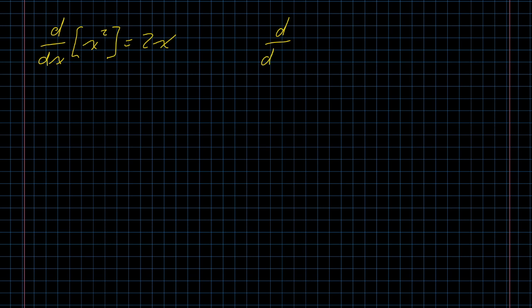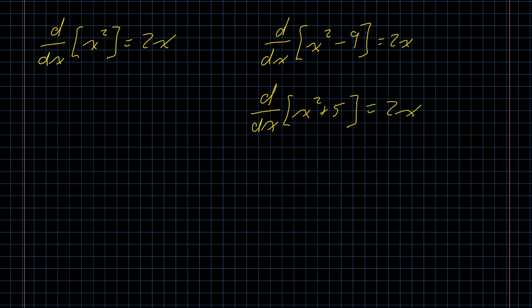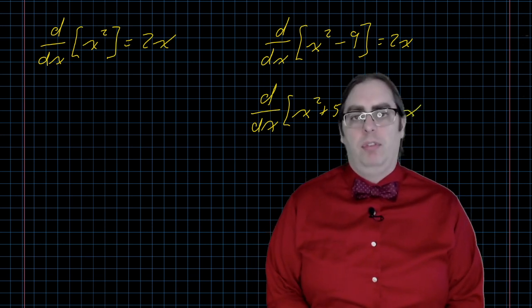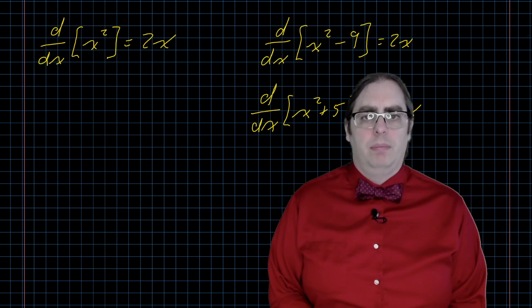If I took the derivative of x squared minus 9, well, the derivative of x squared is 2x. The derivative of 9 is 0, so it doesn't add anything to it. We just get 2x. Or if I took the derivative of x squared plus 5, I would get 2x. There are infinitely many antiderivatives of any given function.